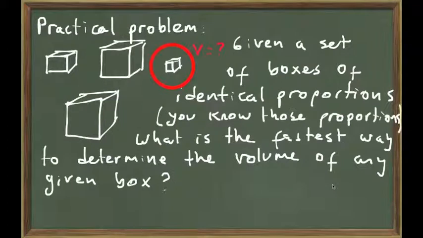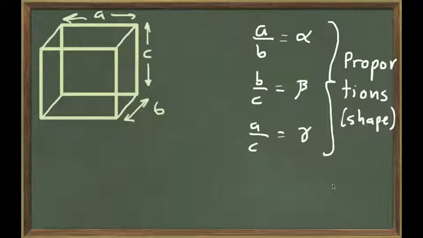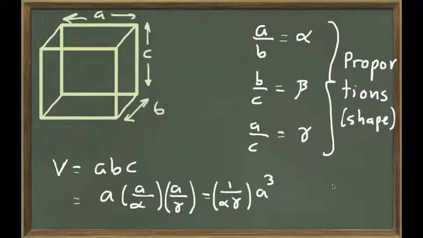So once again, if you're given a set of boxes and you know that they all have the same proportions, and you want to quickly measure the volume, what would be the fastest way to determine the volume of any of those boxes? Well, if the set of proportions is already given to you, you can write the volume in terms of any of the linear dimensions of the box.